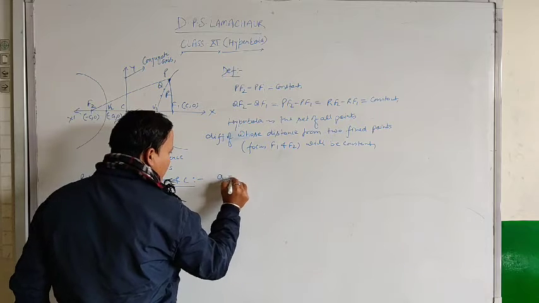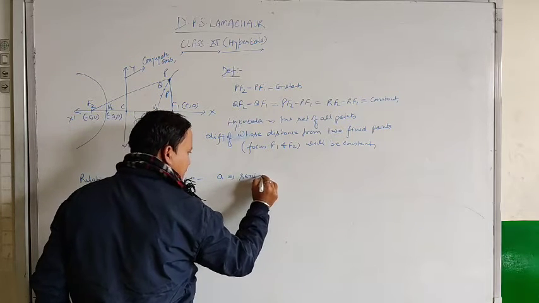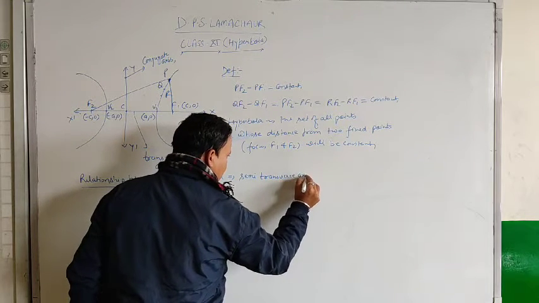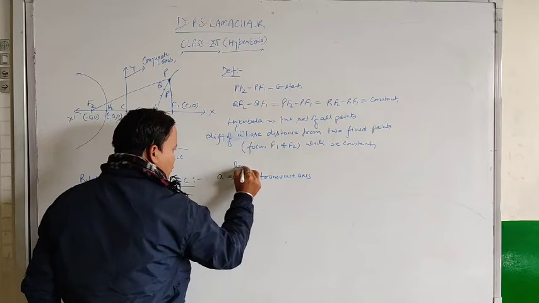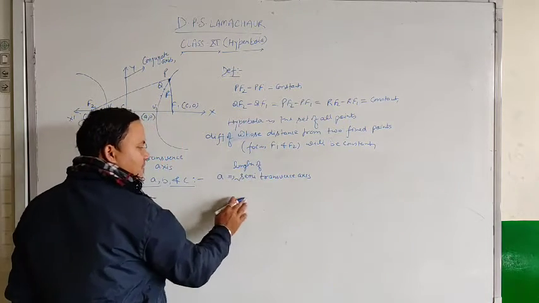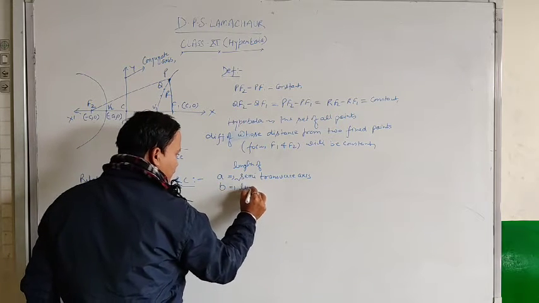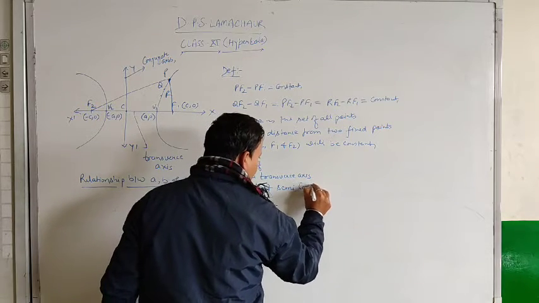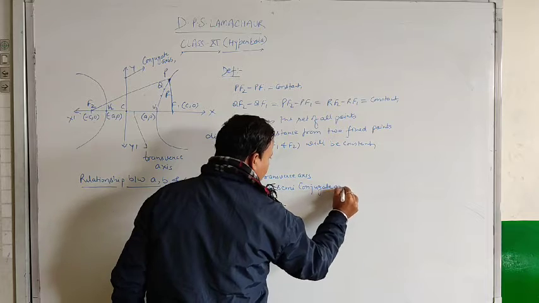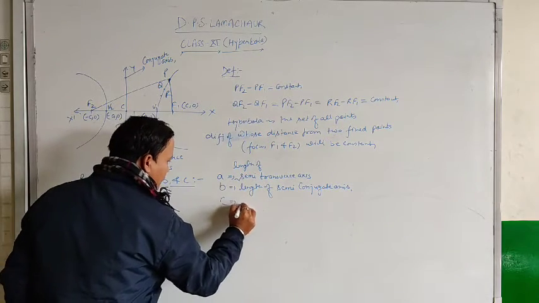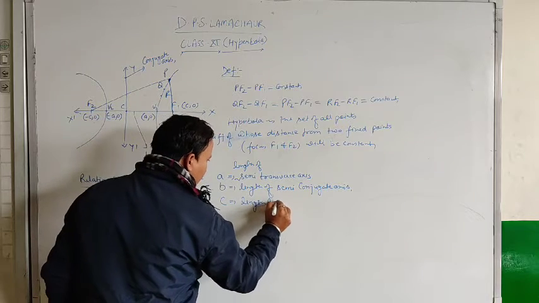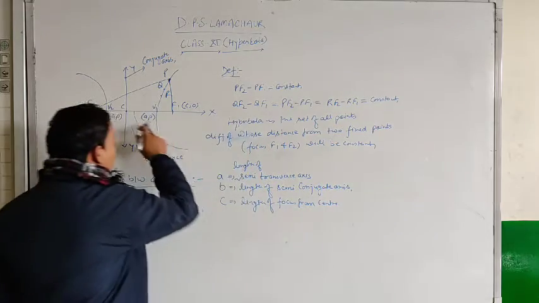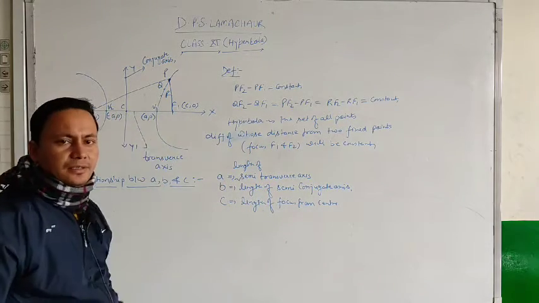Here a is known as the semi transverse axis. a is the length of the semi transverse axis, and b is the length of the semi conjugate axis, and c is the length of the focus from the center. From the center, the distance of the focus is known as c, it is denoted by c.